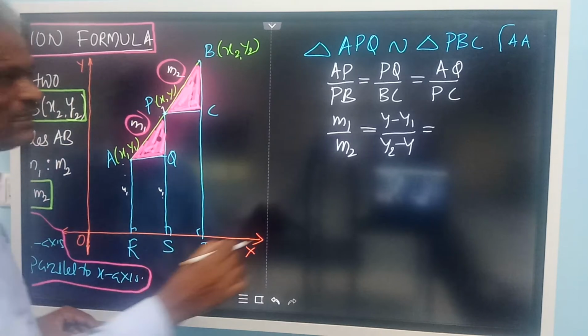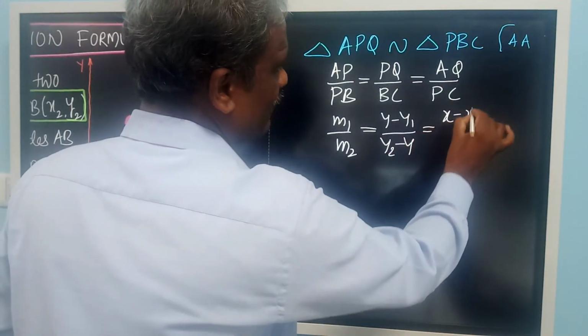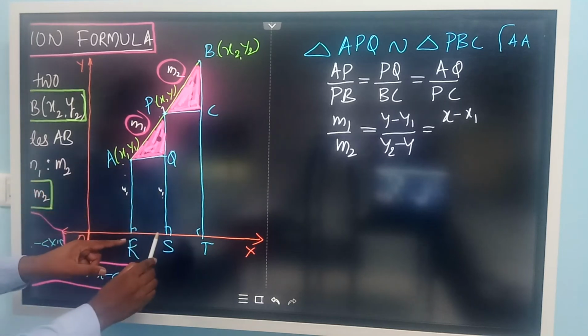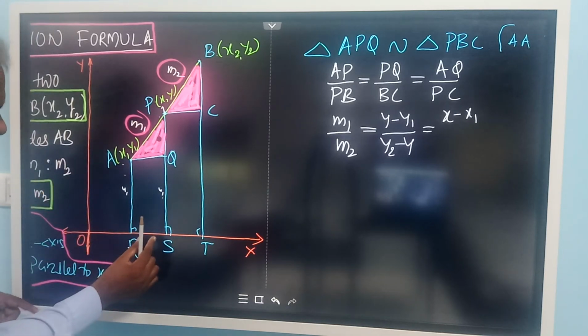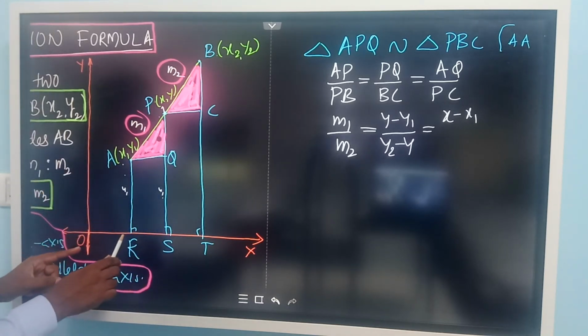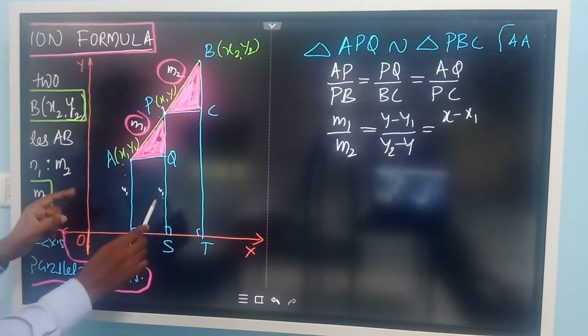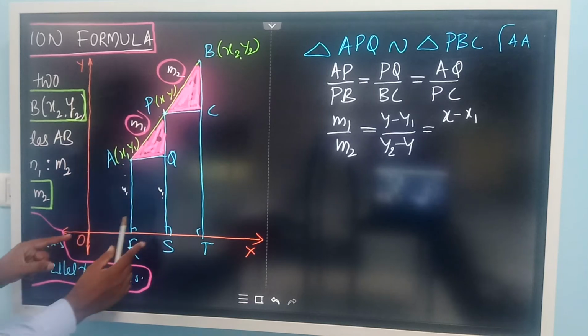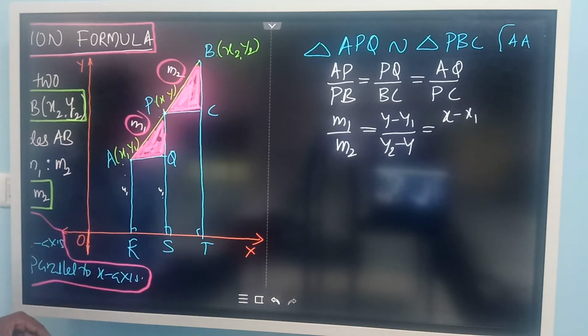That means x minus x1. Look at this. This distance is same as this one. This is how you can calculate OS minus OR. OS is x coordinate here. X1, X. This is x. Then OR is x1. So x minus x1.